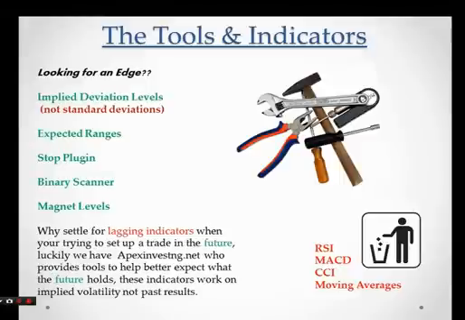We also work with magnet levels, which I'll get into a little bit later on. This is not a full list of all the tools that is offered over there, but these are the tools that I do specifically use for trading on the Iron Butterfly strategy here.